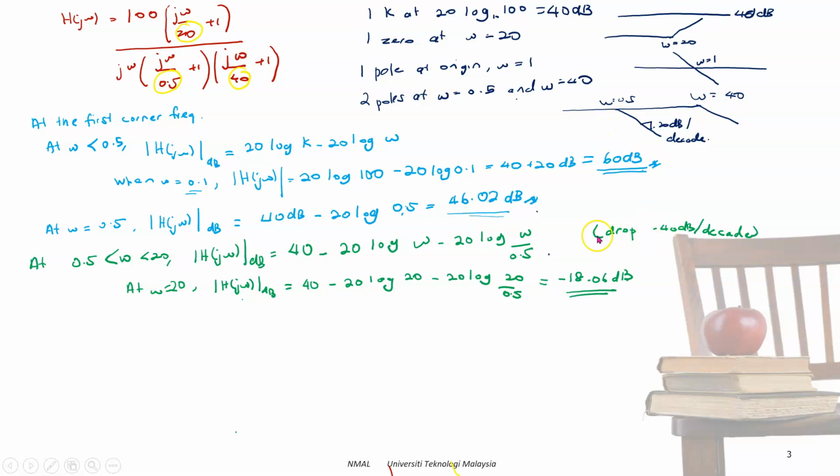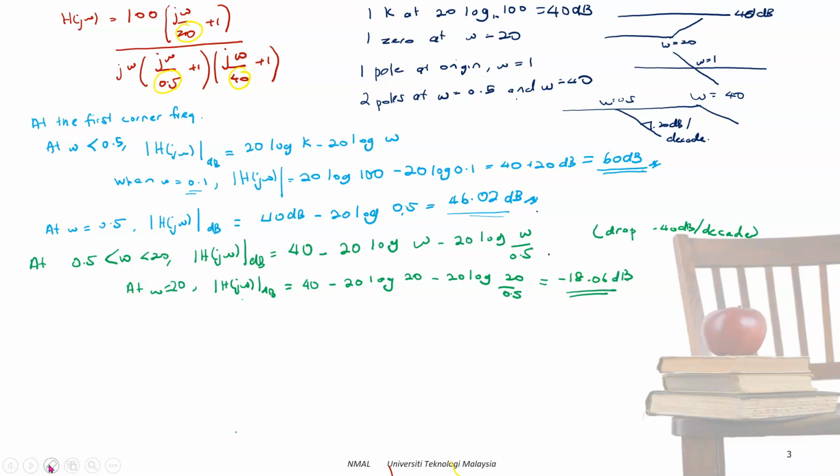For example, like I said here, between omega 0.5 and 20, the drop should be 40 dB per decade. You need to have that knowledge because there will be two poles here. However, when you calculate the exact value like this, you know that at omega equal to 20, you will plot at negative 86 dB on the y-axis.